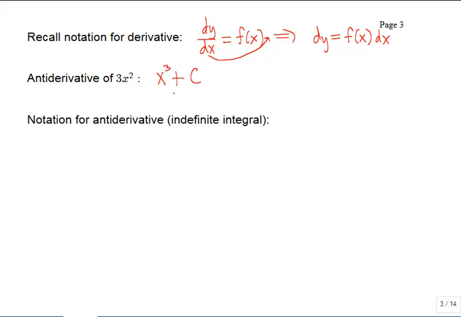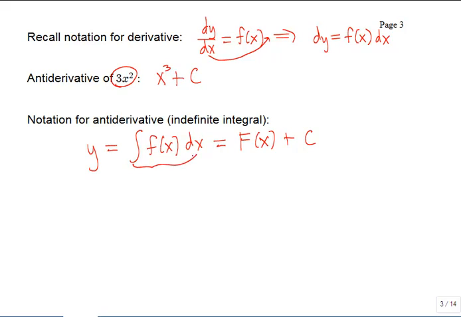So here's the notation that we're going to see. We're going to see that this function that we're looking for is going to have this notation. You'll see this big S shape, and you'll see that function, whatever this is, inside of that S shape with a little dx on the side. And the answer to this is what that capital F of x represents with a plus c on the side.